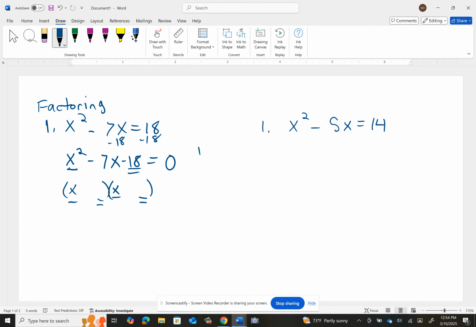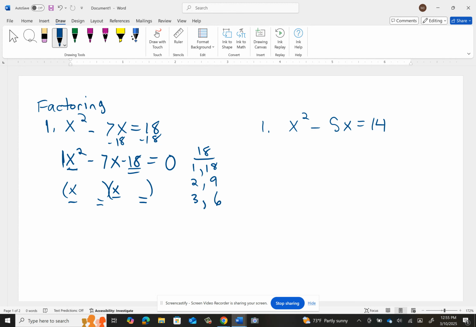So now I'm going to think about 18 and the fact that there's several possibilities for 18. There's a 1 in front of the x squared, so nothing is contributing to the middle term from there.